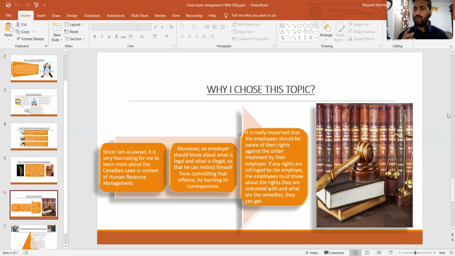They should know how they can get remedies by going to court or by filing a complaint with the HR. Employees must have knowledge about the remedies and helpful ways they can get against unfair treatment by the employer. So this is why I chose this topic.